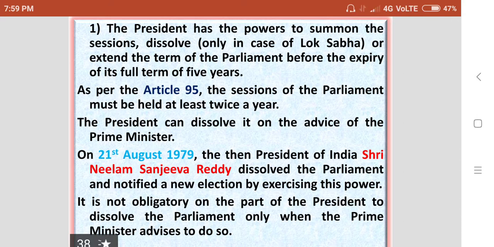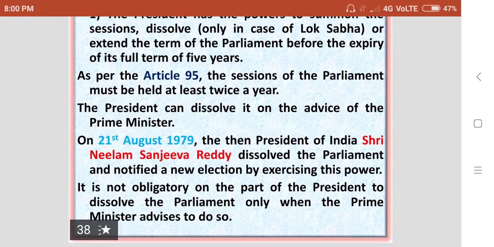It is not obligatory on the part of the President to dissolve the Parliament only when the Prime Minister advises to do so. He can take alternative decisions to save the union government. The president may invite the opposition groups to form the government. But it is the provision of the constitution that whenever the Prime Minister advises, the President can dissolve the Parliament.